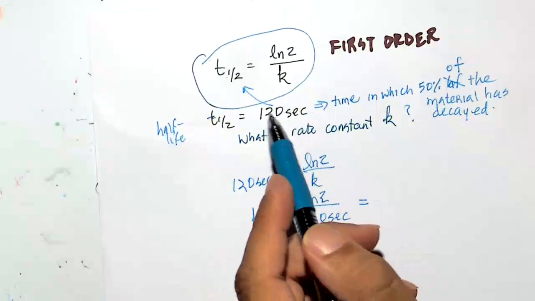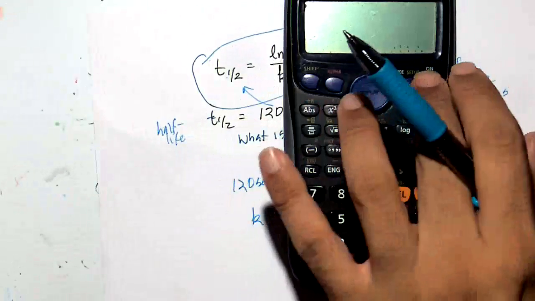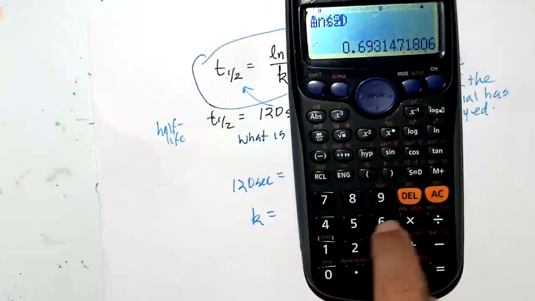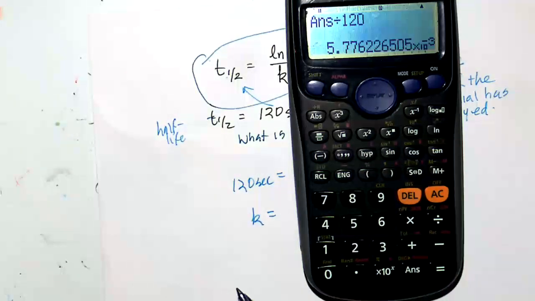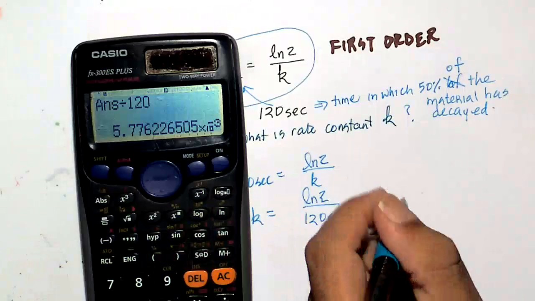All right, so same type of problem, but different number. So what's natural log of 2 over 120? 5.78 times 10 to the minus 3 inverse seconds.